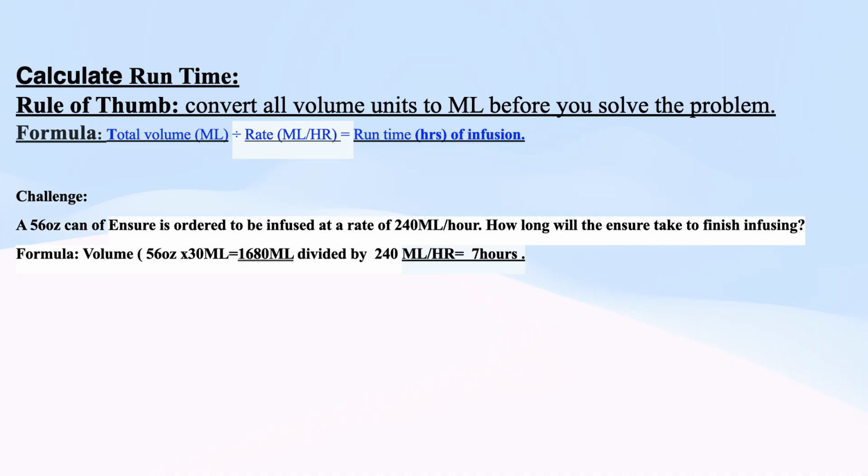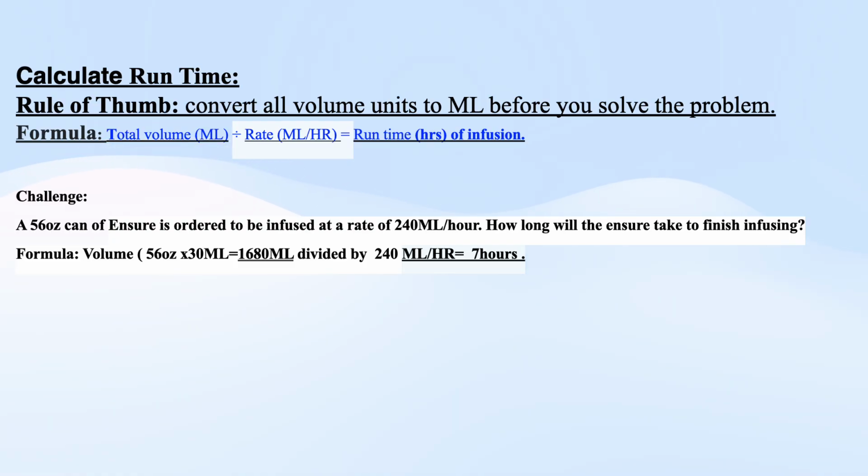Okay, so let's look at this challenge. We have a 56-ounce can of Ensure ordered to be infused at a rate of 240 ml per hour. So which means every hour this patient is supposed to receive 240 ml of this can of Ensure.